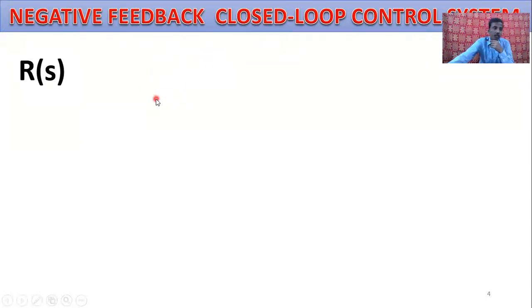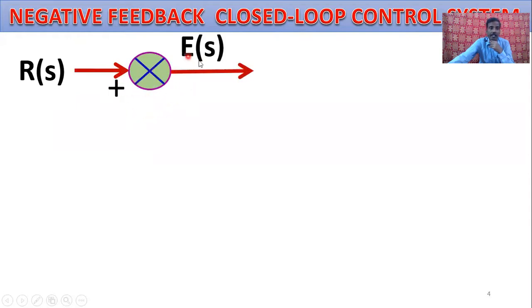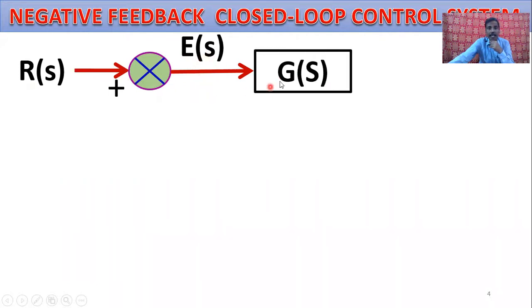So what is a negative feedback closed loop control system? Suppose R of S is the reference input, also called excitation, and this is always positive. This is the comparator or summing point or error detector, and this signal is the error signal, E of S. G of S is the process gain or control gain or system gain.